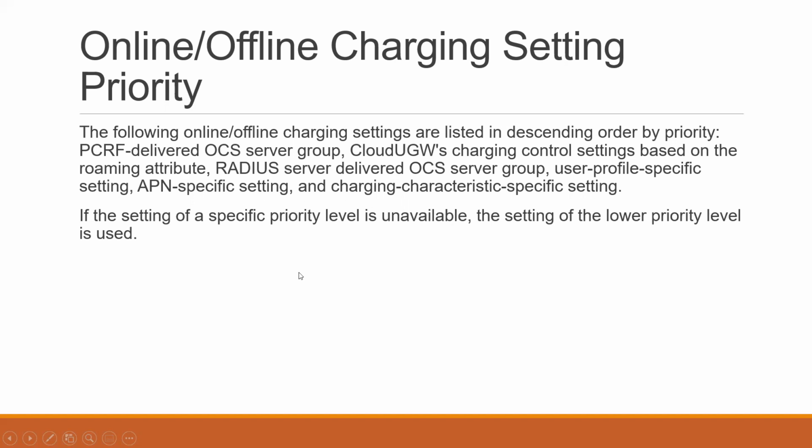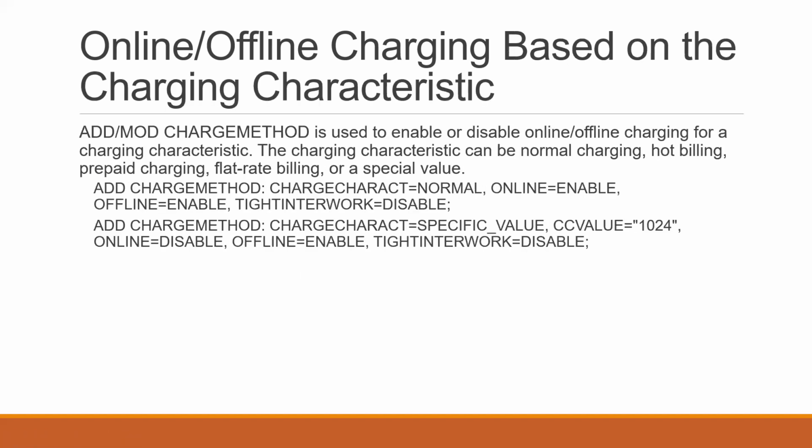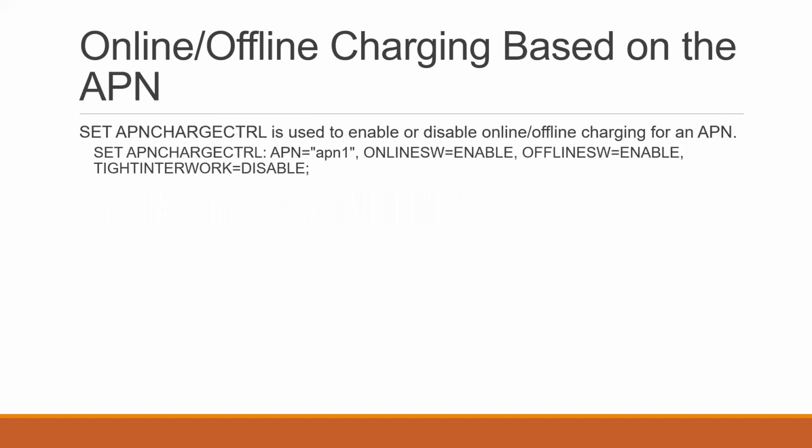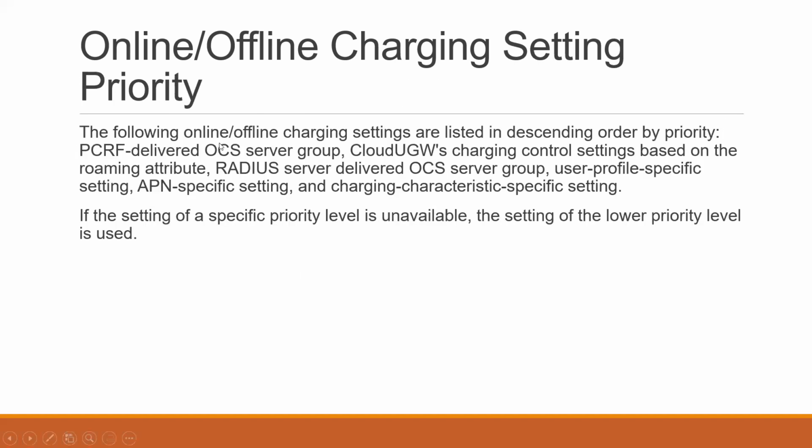If the setting of a priority level enables, the setting of the lower priority level is used. Rather, I think it's in descending order. So the PCRF takes the highest priority. Okay, let me correct it. The PCRF delivered OCS group has the highest priority, and your charging characteristic has the lowest priority.